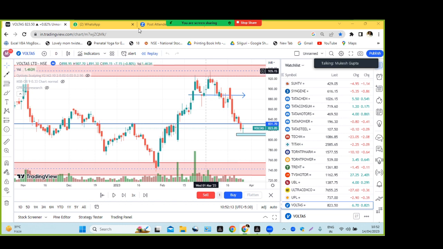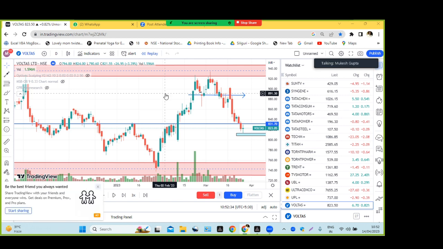Unless you understand how to talk with these price candles, you will not achieve what you want to achieve with speed. Before that, you will be stuck in your strategies, in your indicators and all the things.